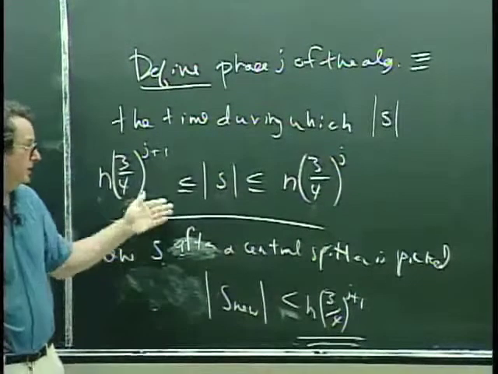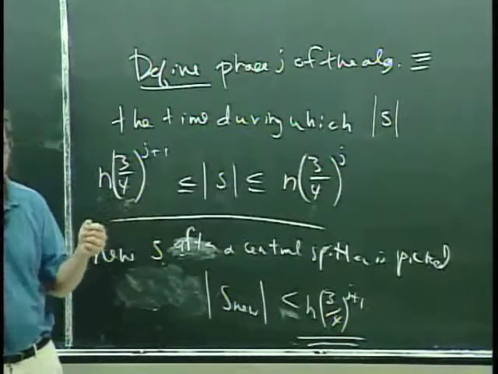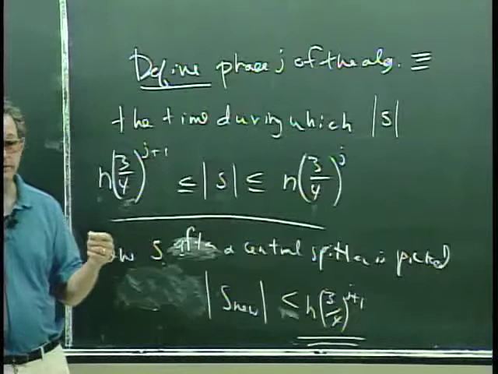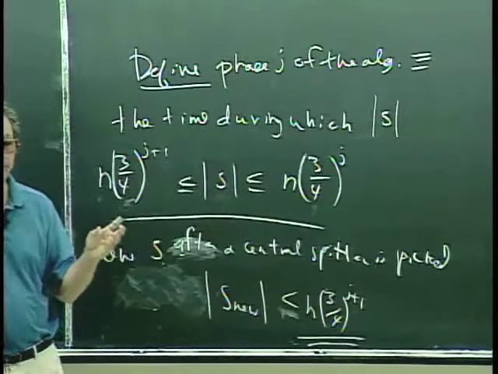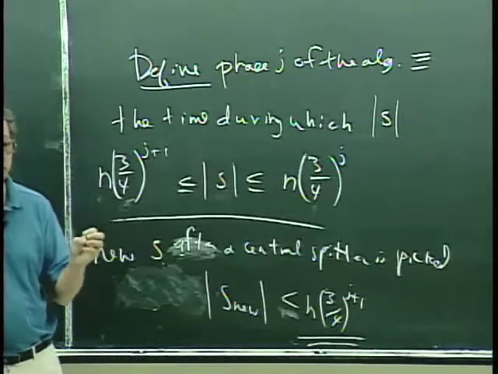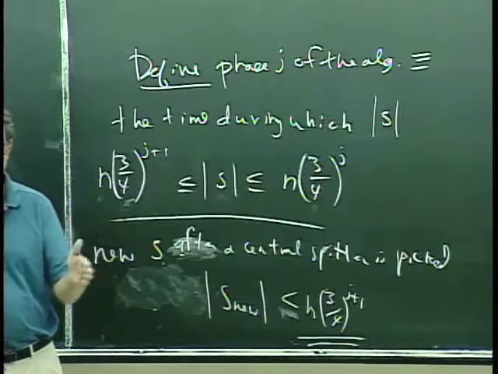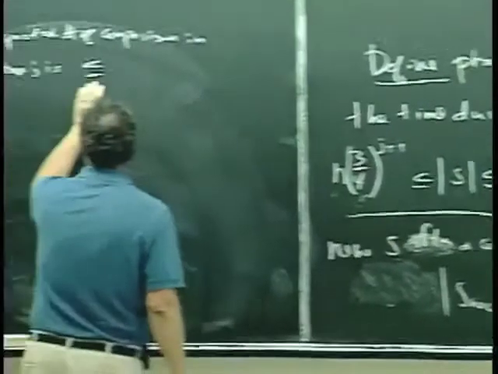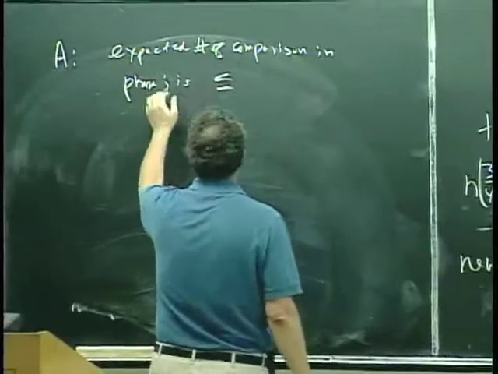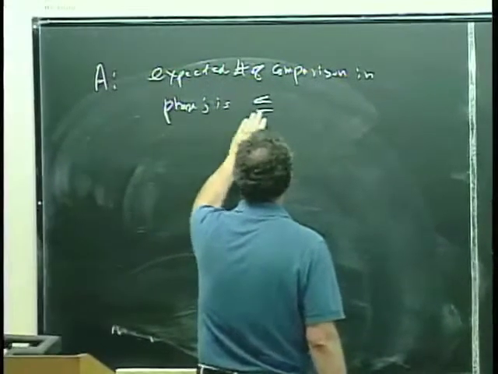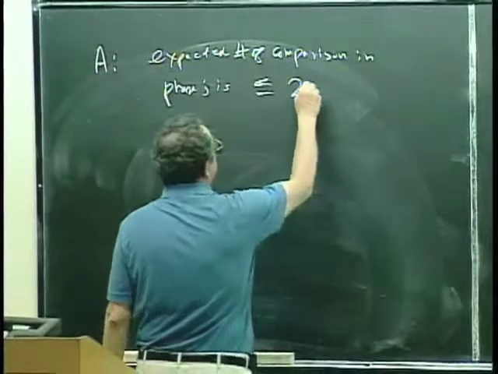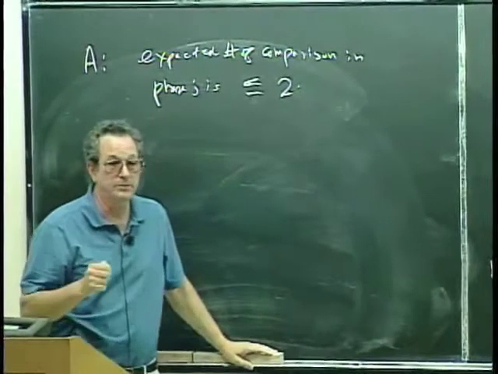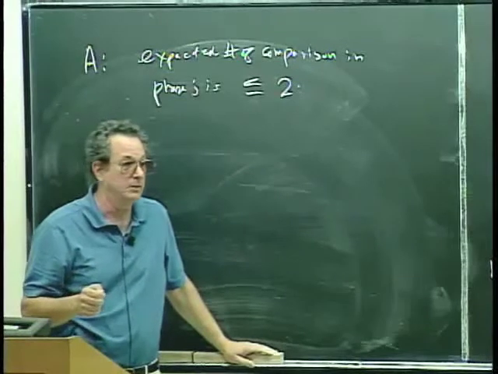Second fact that we know is that the expected number of picks until a central splitter is 2. Third thing we know is that if you pick a central splitter, you will definitely get out of phase j. So the expected number of comparisons, you put all those pieces together, in phase j is less than or equal to 2, for the expected number of picks of a splitter until it's central.